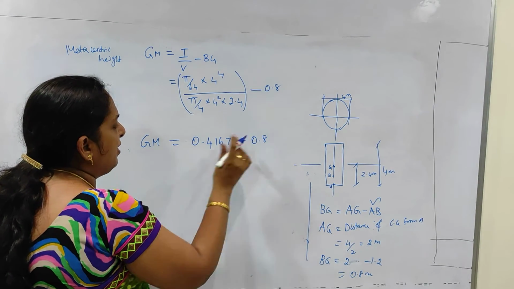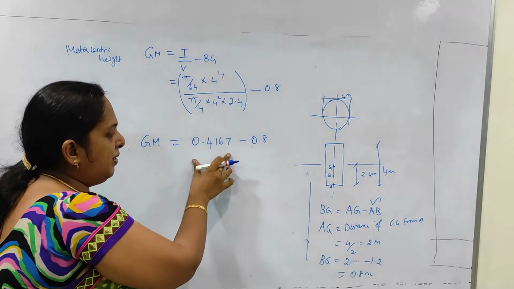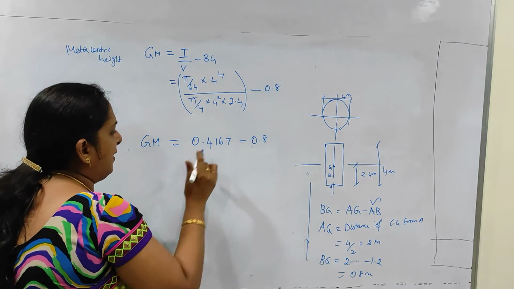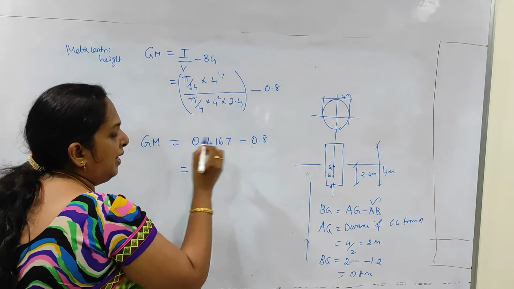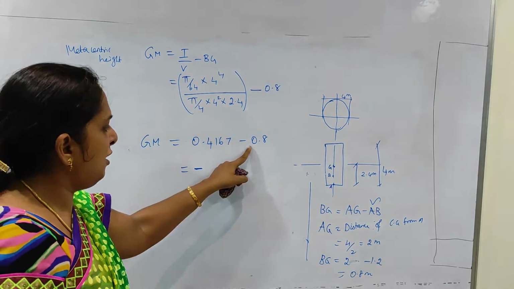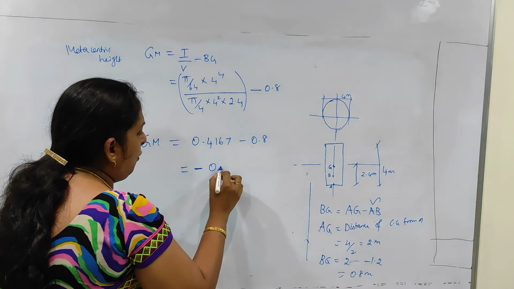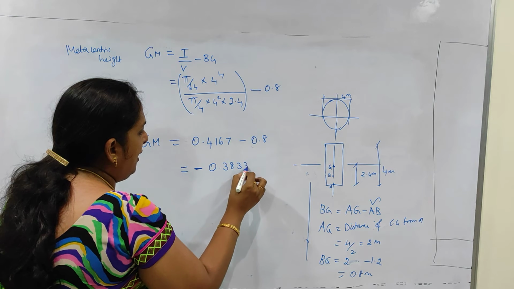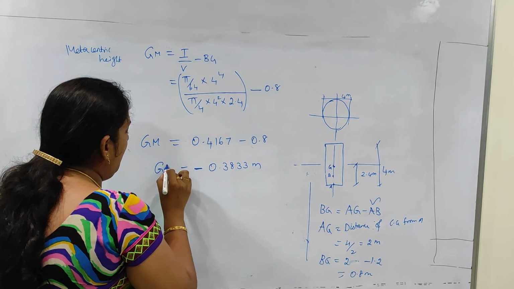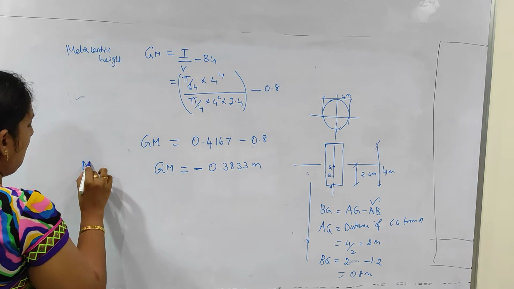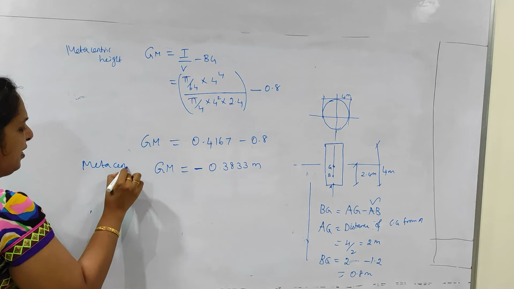When you see this, it is 0.4167 and this is 0.8, so this is greater. So my answer will be negative. So it is minus 0.3833 meters. So this is my GM, my metacentric height.